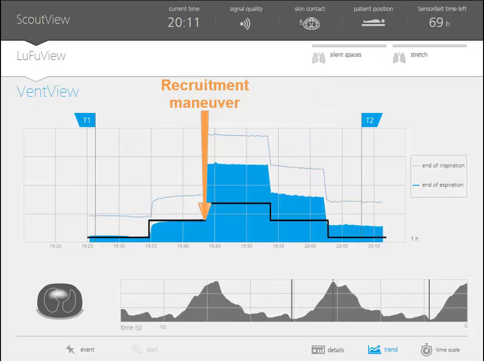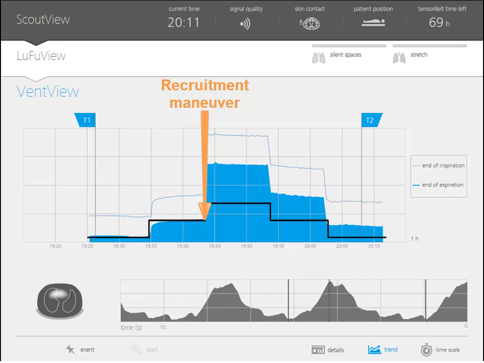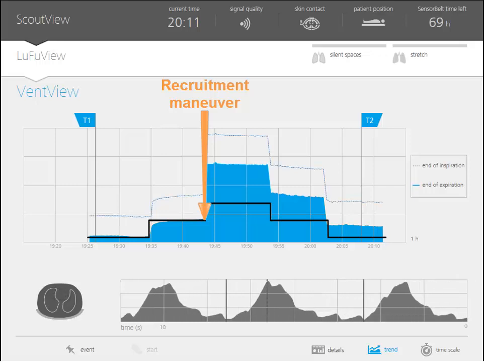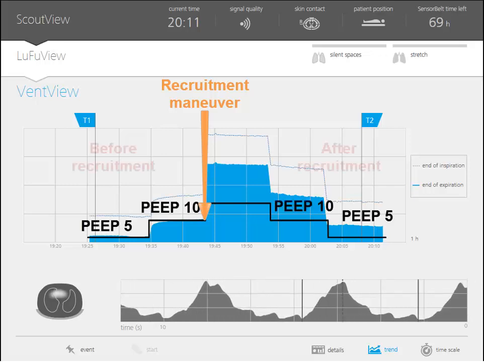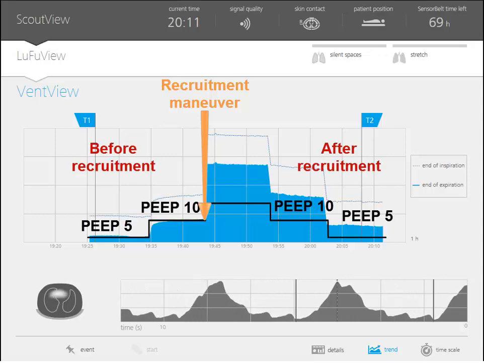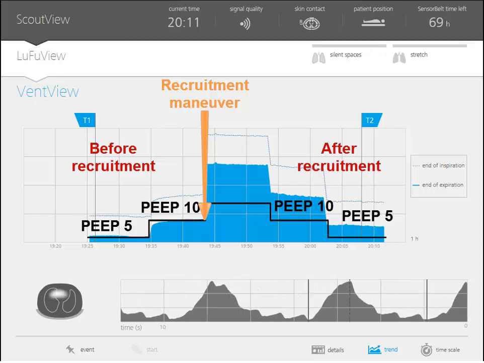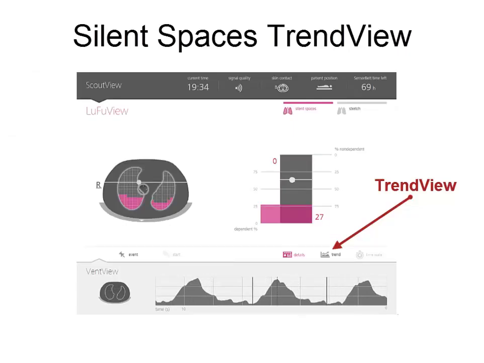With every subsequent reduction in PEEP, end expiratory lung impedance decreases, while still remaining above the PEEP line. Please note the difference in end expiratory lung impedance levels at 5 and 10 centimeters of water before and after the recruitment. Now let's have a look at the silent spaces trend.